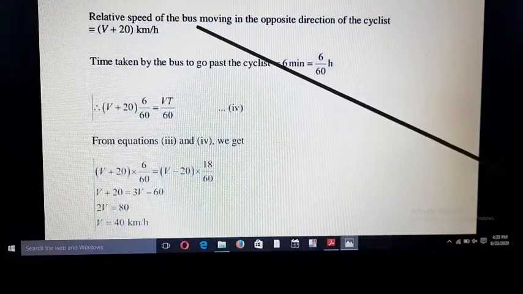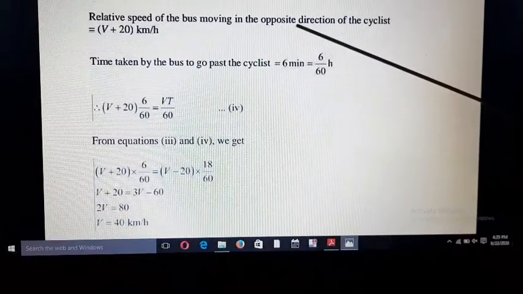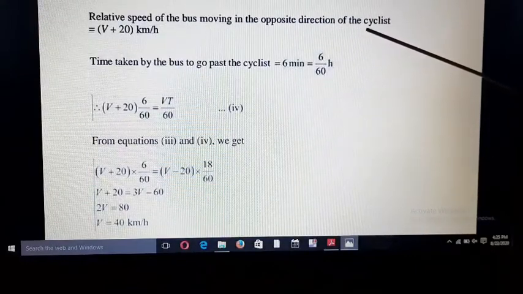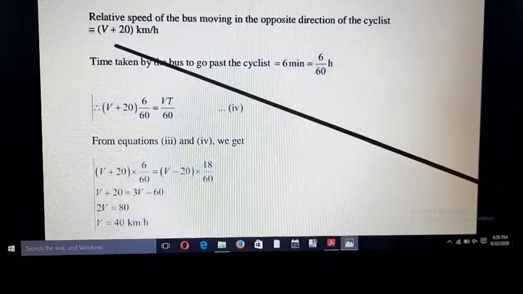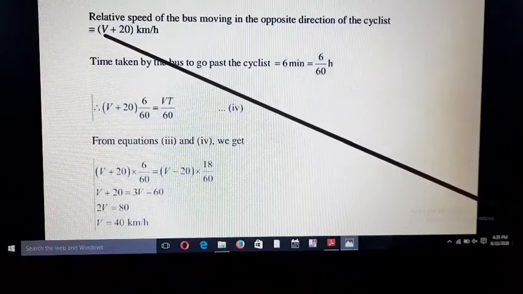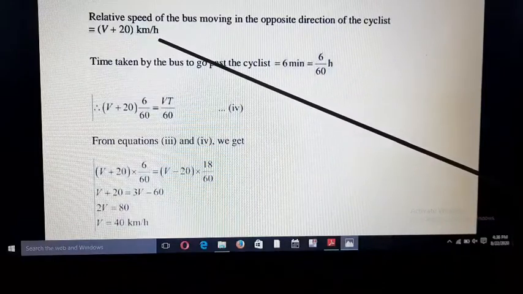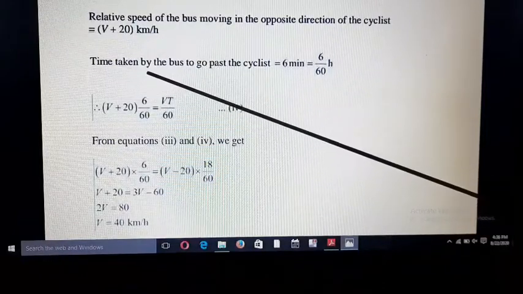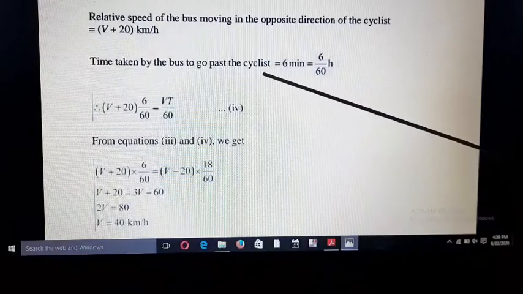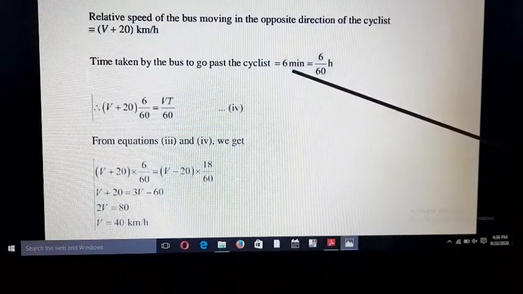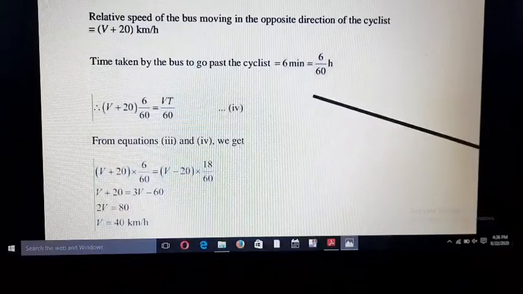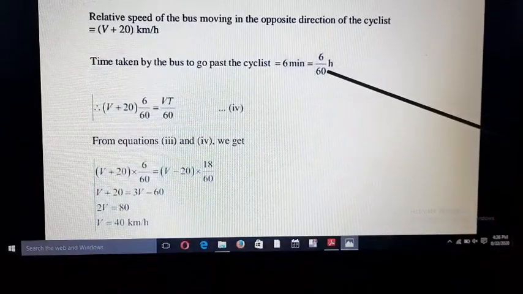Relative speed of the bus moving in the opposite direction of the cyclist means here we take V plus 20 km per hour. The time taken by the bus to go past the cyclist is 6 minutes, available in our question, so this is converted into hour: 6 upon 60 hour.